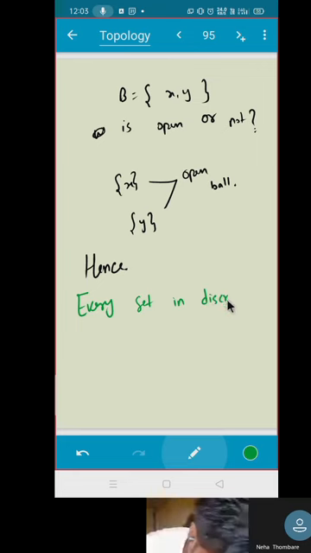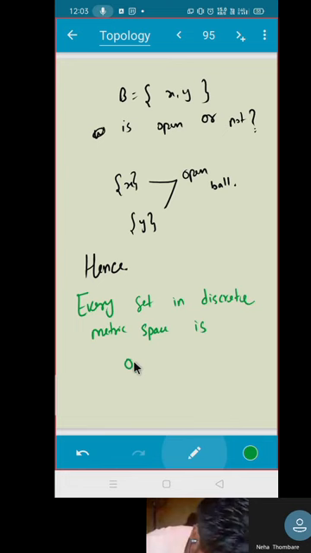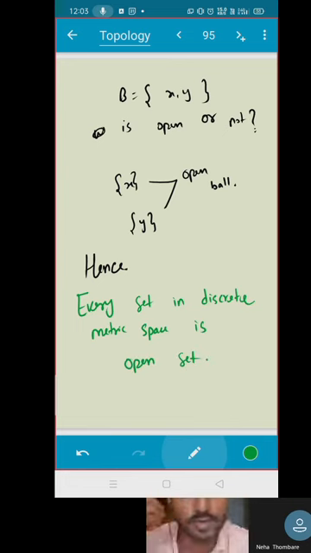Exactly. Is that clear? The question was to find all the open sets in a discrete metric space. The answer is that every set in the discrete metric space is an open set.